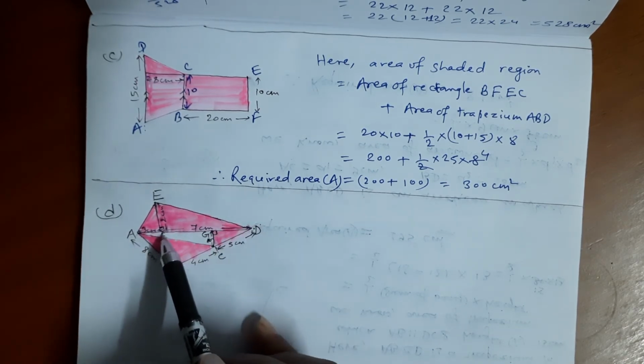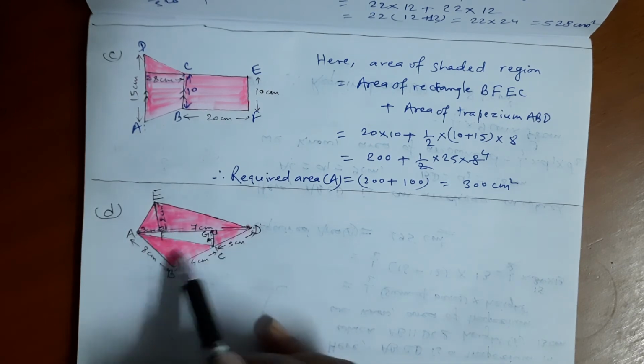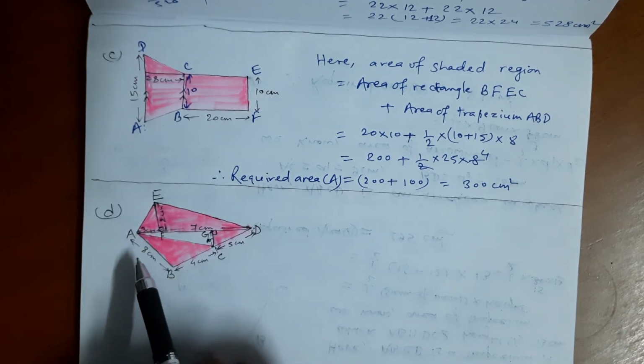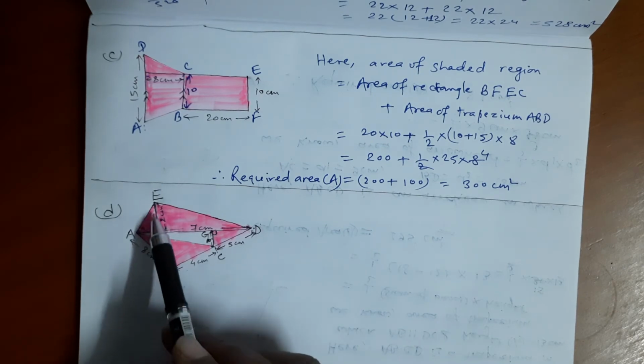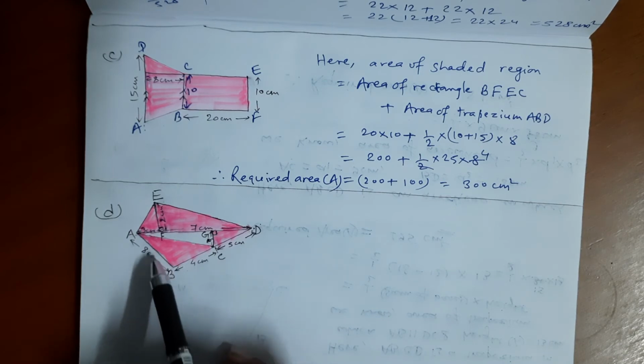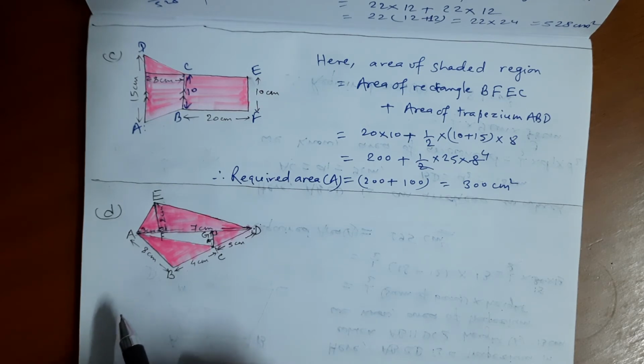This is point F, this is point G, and now we have to find the area of the shaded part. The area of the shaded part can be found by adding this area, and this area, plus this area. Like this we can add together and find the area of the shaded part.